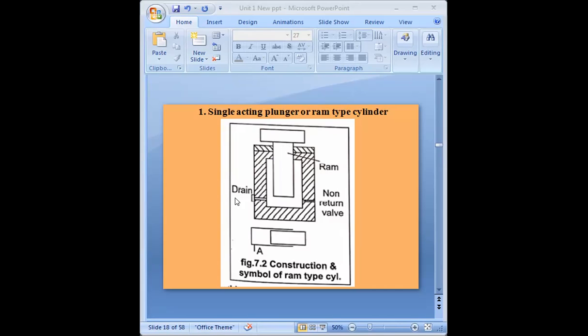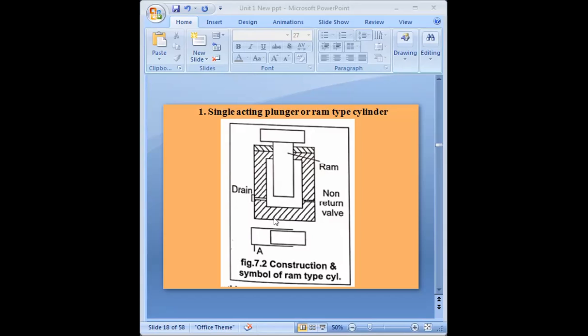So this is single acting only. Through only one port you can take your fluid inside, and you can apply force from one direction only. Due to that, it is called single acting.